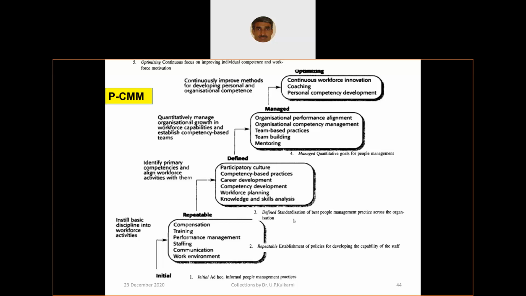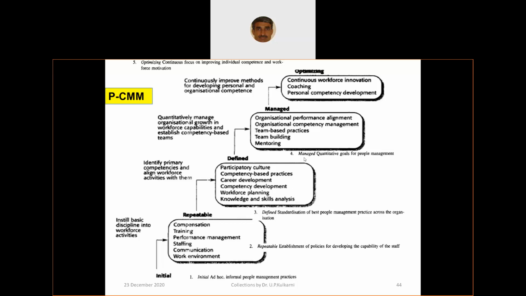I mean, you try to institutionalize this. First one is ad hoc. Second one is repeatable: any process you introduce produces the same result. Third one is defined: you define and standardize across the organization.